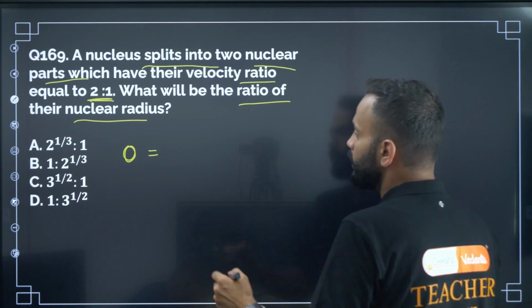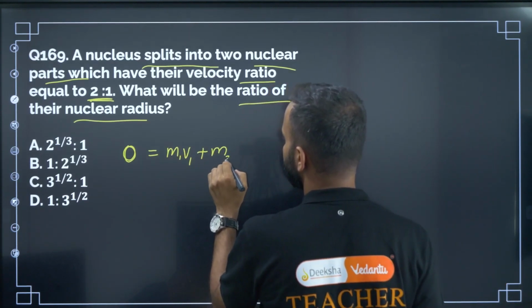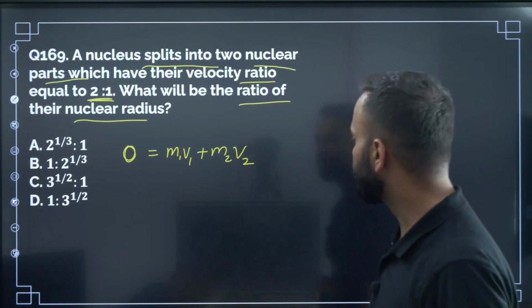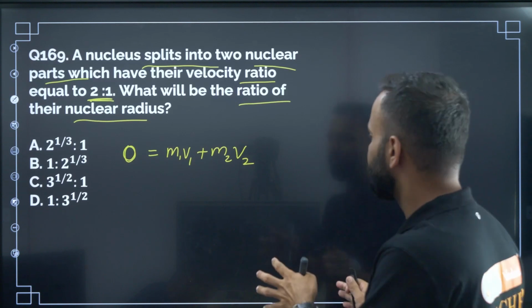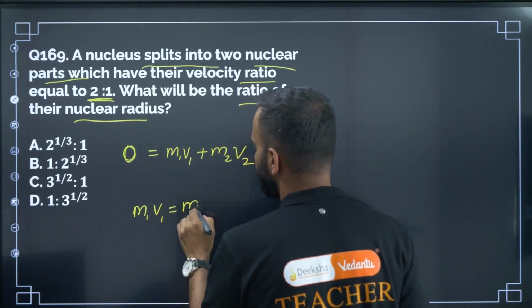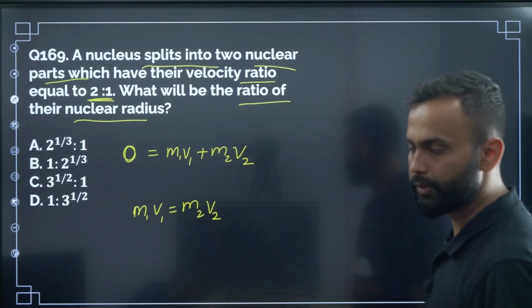So 0 = m1v1 + m2v2. Now consider only magnitude: m1v1 = m2v2.